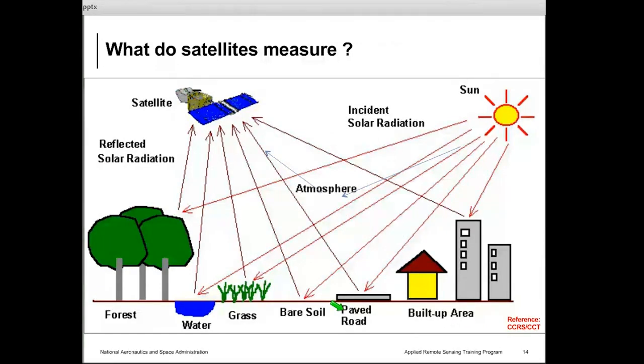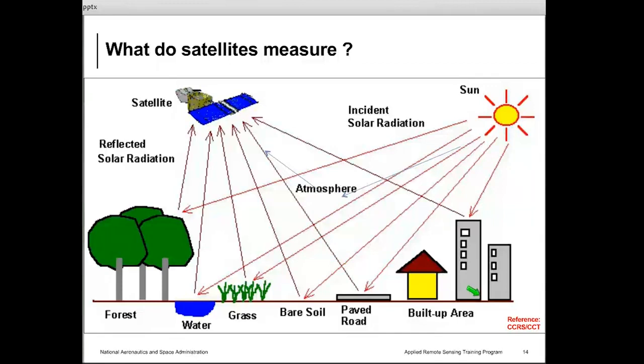Now, the next thing to understand is how satellites and sensors collect this information. Optical or passive remote sensing depends on the sun as a source of illumination, or the source of energy, as we discussed in the previous slide. This solar radiation, as it is emitted from the sun, passes through the atmosphere and interacts with the atmospheric components.